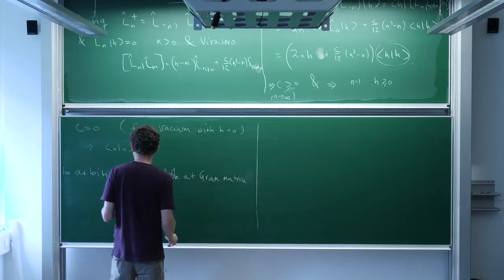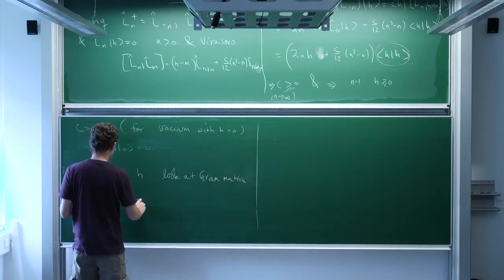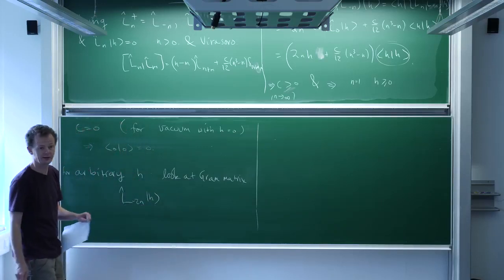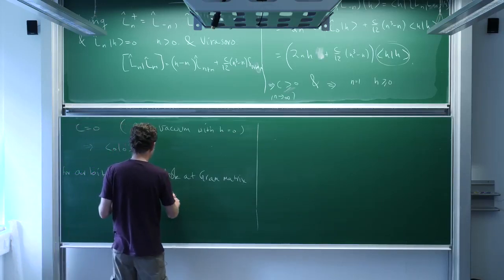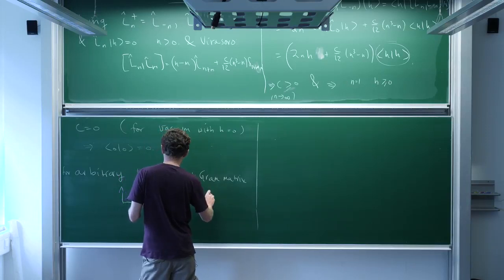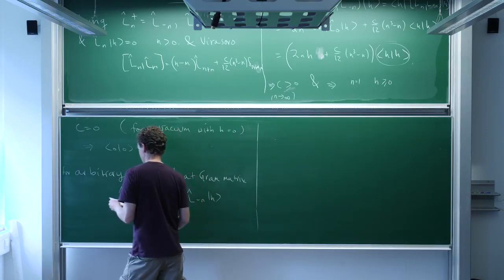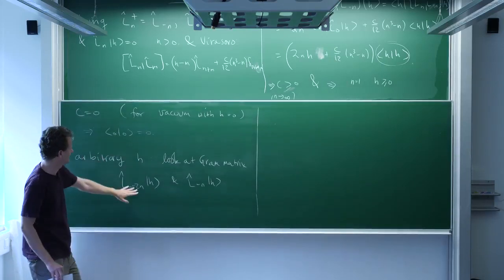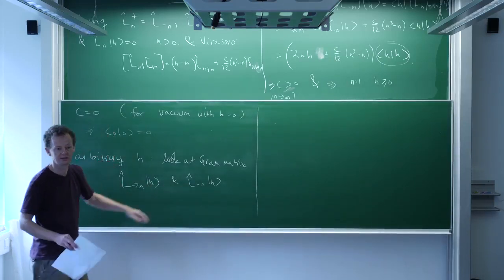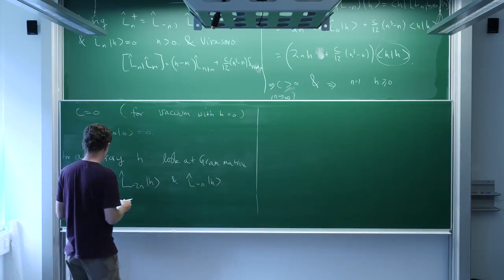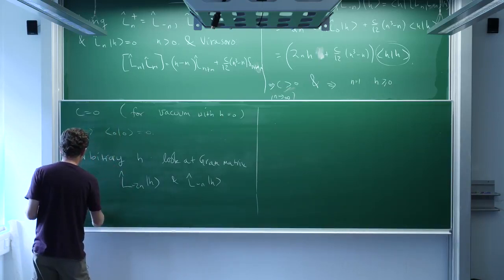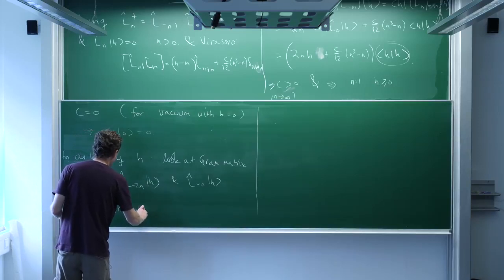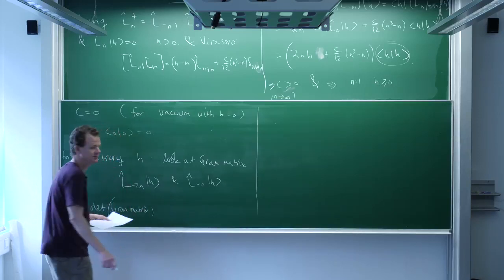what you do is you look at the gram matrix of two of these descendant states, namely L to the minus 2n of h and L to the minus n of h. And that gram matrix, which is just the matrix of the inner products of these two particular descendant states, has a determinant, which is just the product of its two eigenvalues.